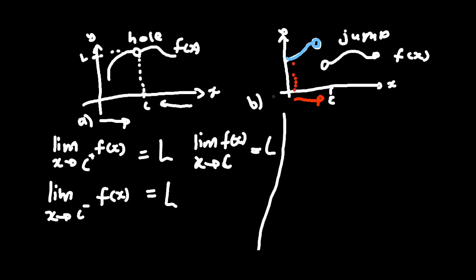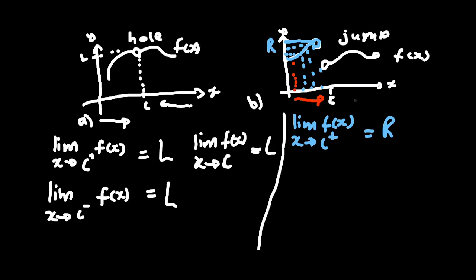As I'm coming in, my f at x will be here, so let's name it r. So the limit of f at x as x approaches c from the right is equal to r.